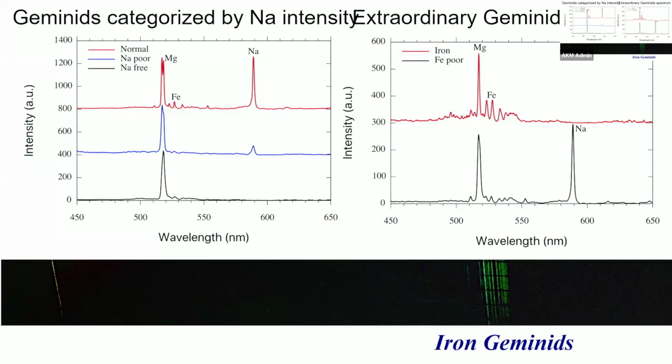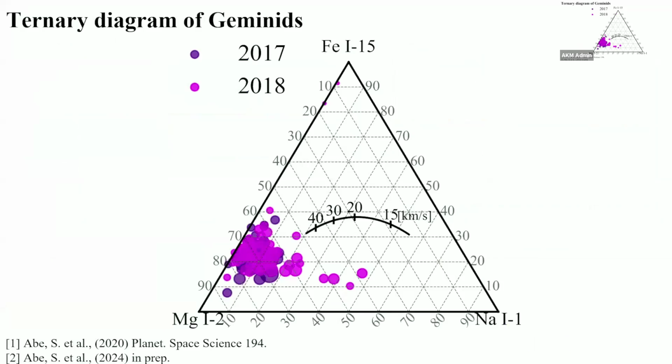There are also extraordinary spectra, like iron Geminids and iron pure Geminids. Here is one example of an iron spectrum coming from Geminids. We already published one paper summarizing 2017 and 2018. Here is what we call a ternary diagram.